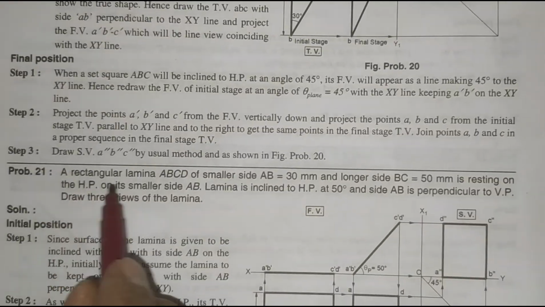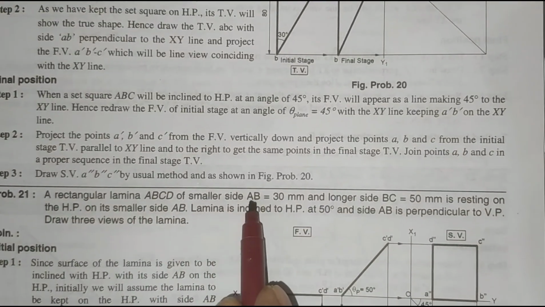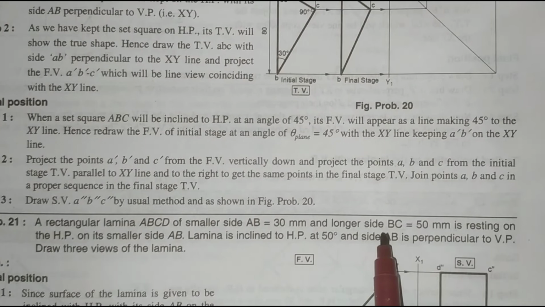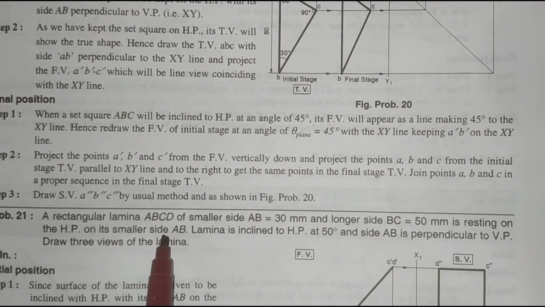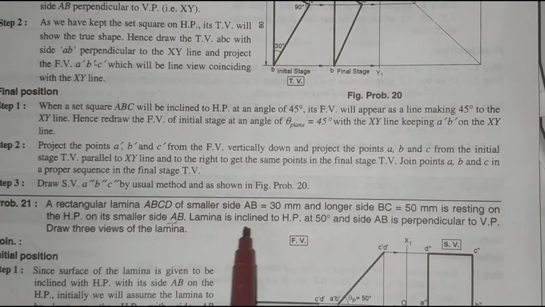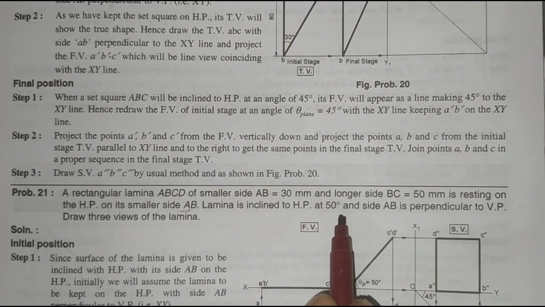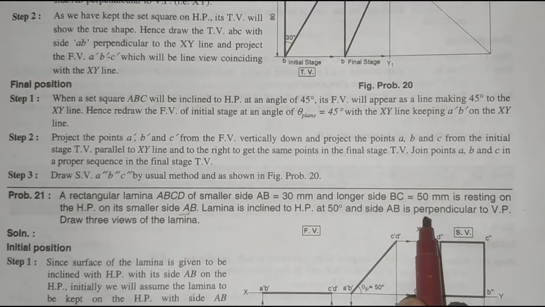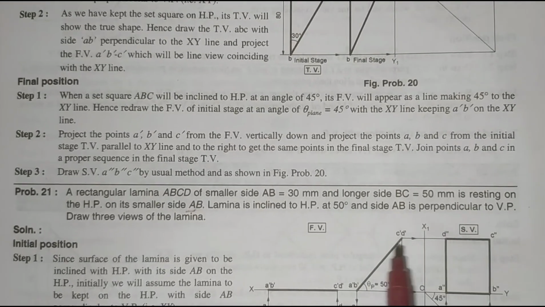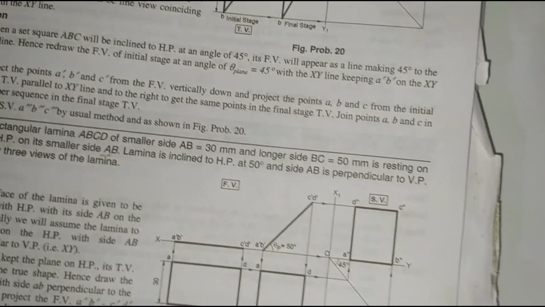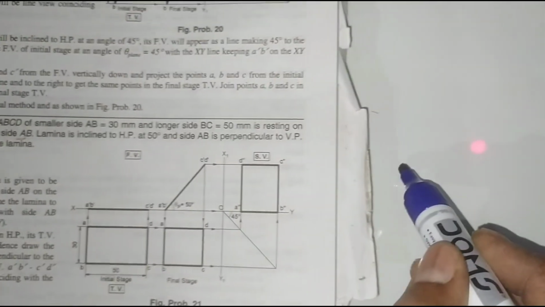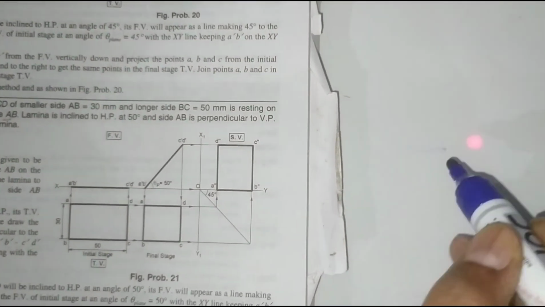Here is a problem: a rectangular lamina ABCD of smaller side AB 30 mm and longer side BC 50 mm is resting on HP on its smaller side AB. The lamina is inclined to HP at 50 degrees and side AB is perpendicular to VP. Draw the three views. Now how is it drawn? Let us observe. First, as we discussed, I will draw the XY line.